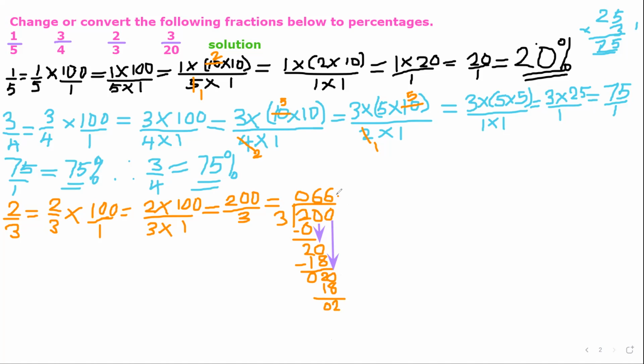The function of the point here is to add 0 to the number that is insufficient. So now this point will add 0 to this 2 to make it 20. Now 3 sharing 20 here is what? It is 6.